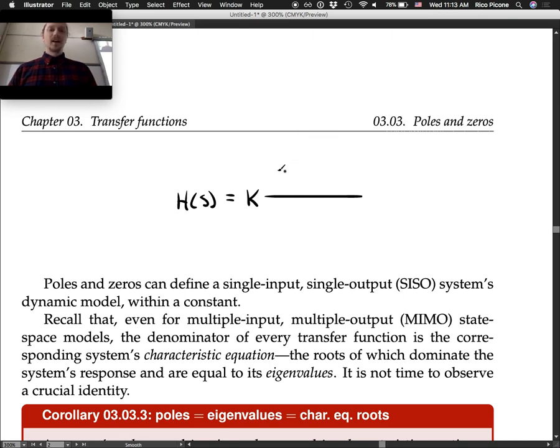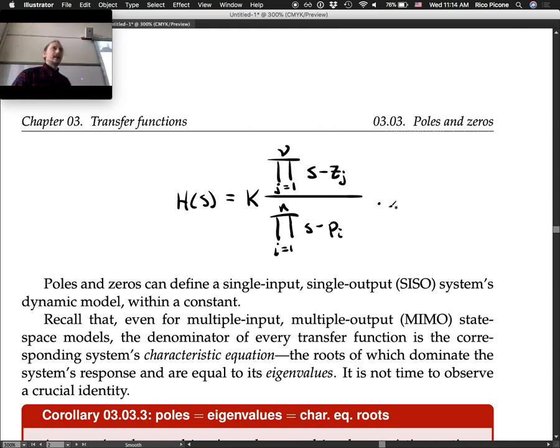The product of the expression we will write from j equals 1 to nu of s minus zj divided by the product of the terms from i equals 1 to n of s minus pi.